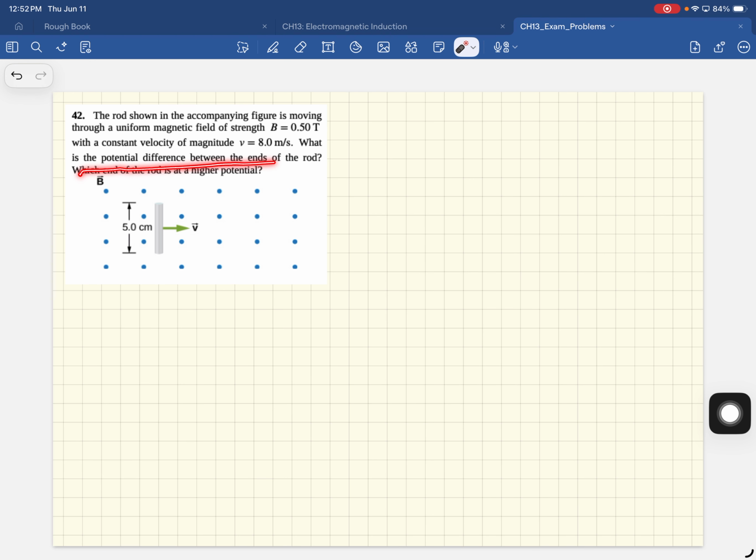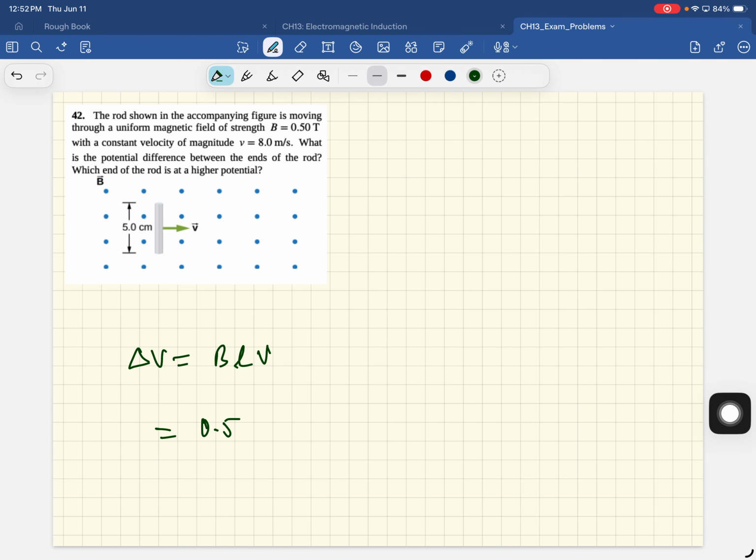And then it says the electric field in the rod. So the force on the electron is like that. The electric field is, well, what did I do wrong?